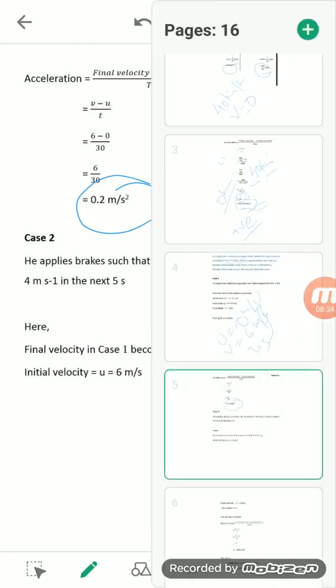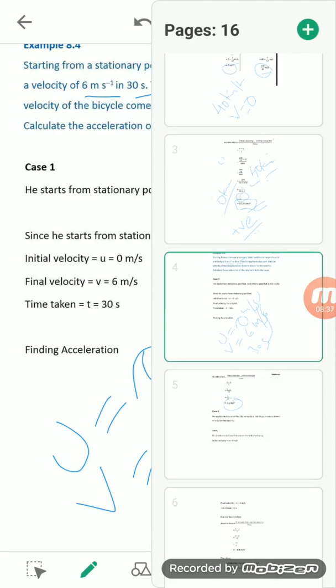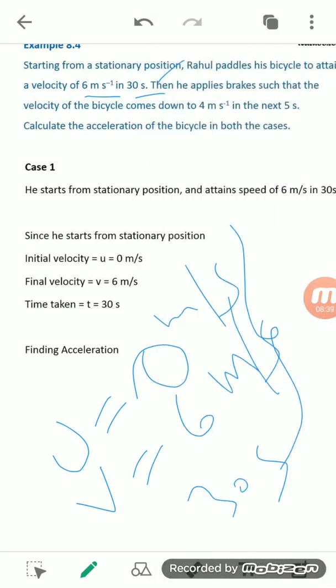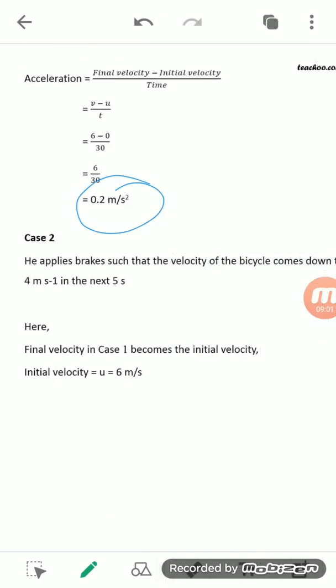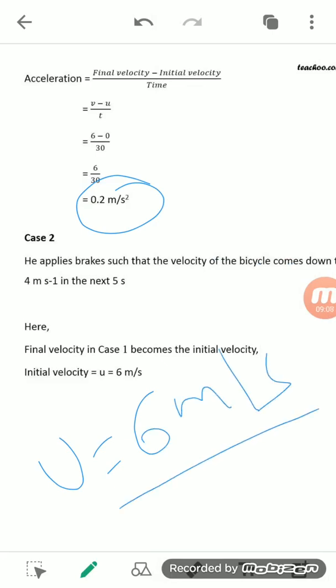Then in the next case, if you see, here it is written, then he applies the brake such that the velocity of the bicycle comes down to 4 meter per second in the next 5 seconds. So in the second case, he was already traveling with the velocity of 6 meter per second.